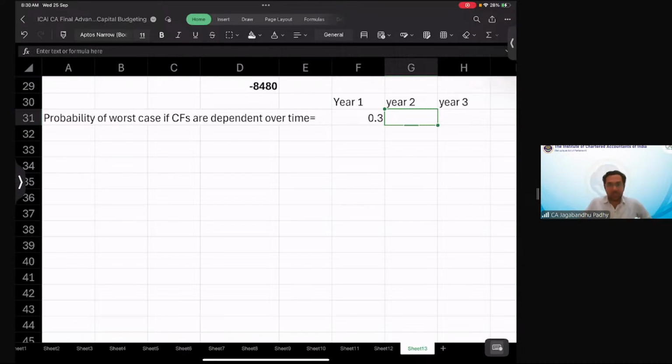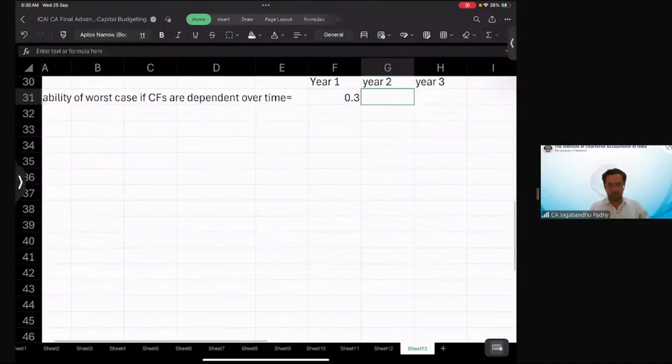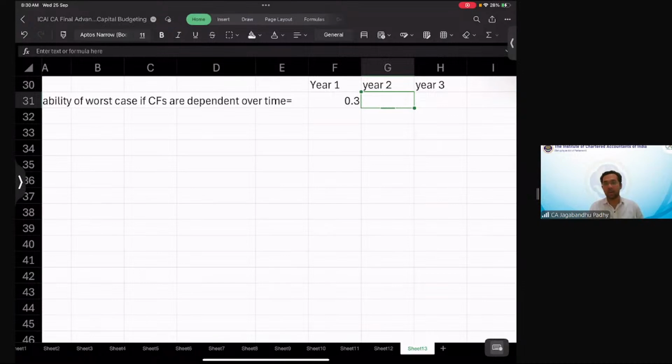This is quite a tricky question, guys. Think logically and then answer. When you say that cash flows are dependent over time, it means once the cash flow has happened to be worst in year one, it is surely going to be the worst in year two and year three also.